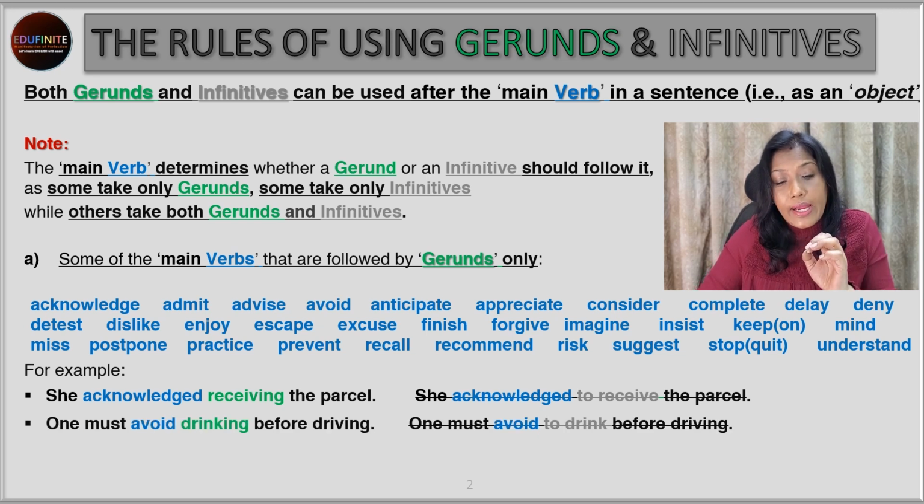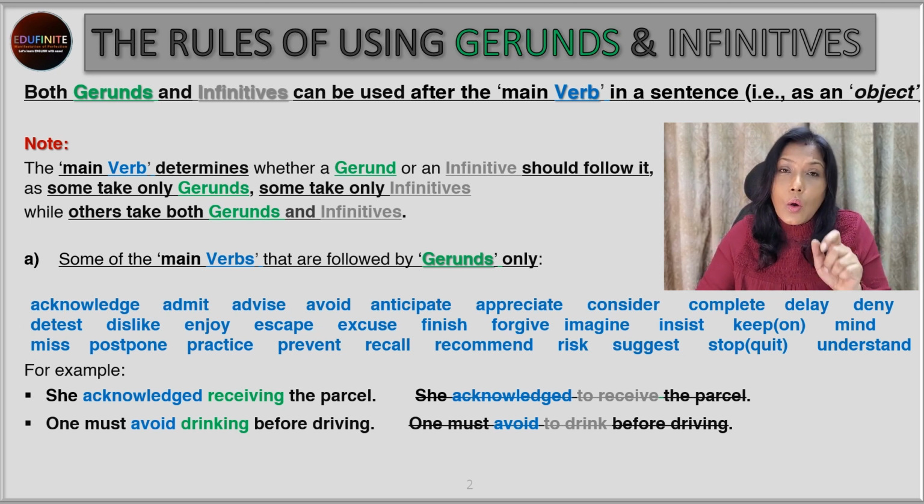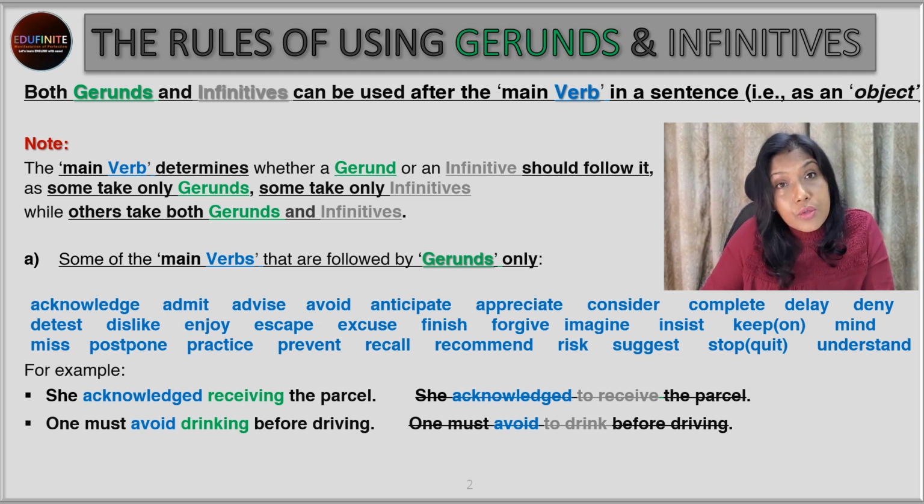The next one. One must avoid drinking before driving. Avoid, as I have already told, is followed by gerunds only. So we can use only the gerund form of the verb after it. We cannot say one must avoid to drink before driving.